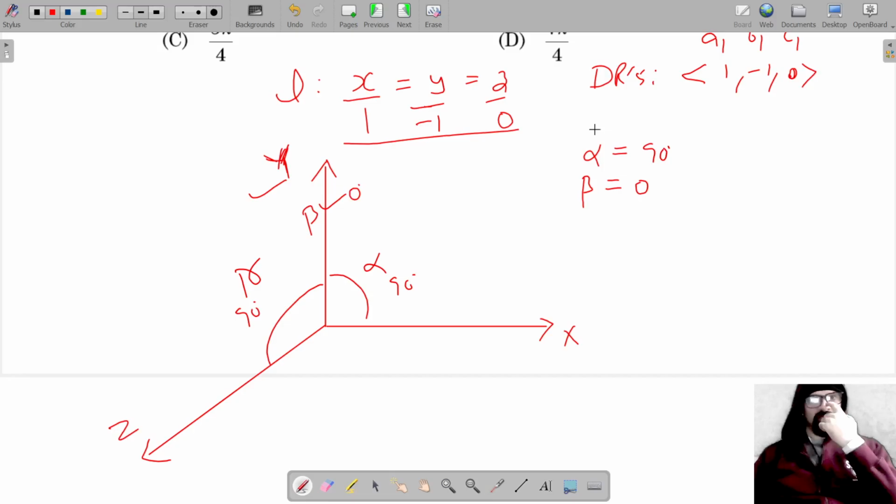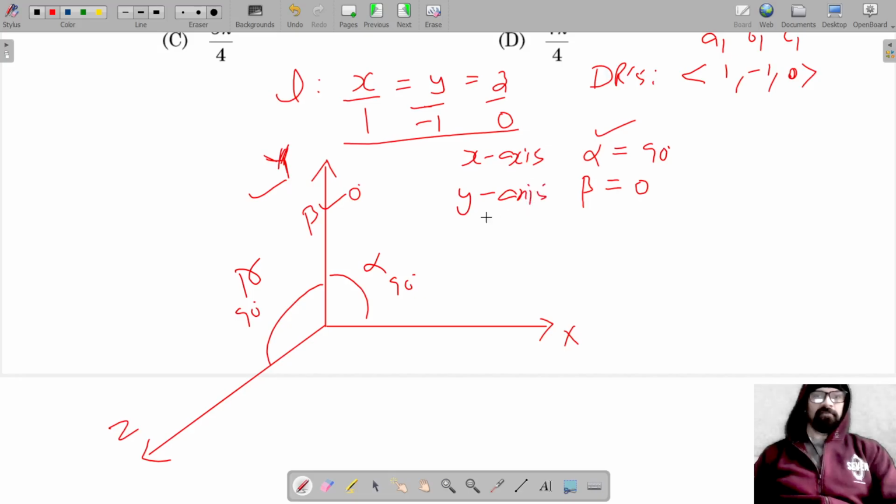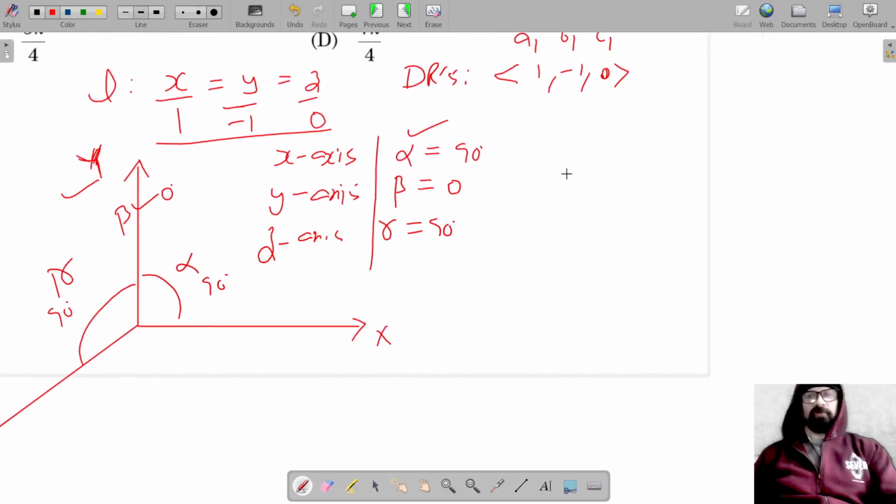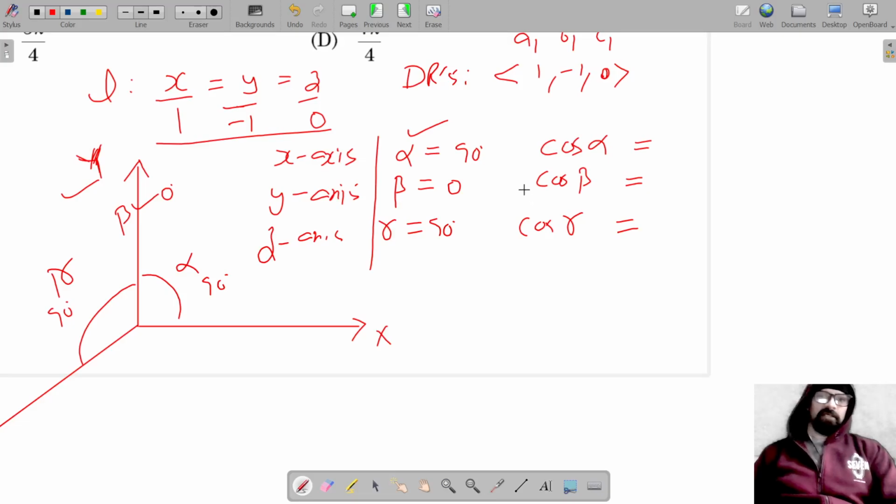With x-axis, it makes angle alpha, which is 90 degrees, because these axes are perpendicular to each other. The y-axis with the y-axis makes angle 0. This is the angle it makes with z-axis, let's say gamma, which is 90 degrees because y-axis is perpendicular to x and z-axis. And let me find out its direction cosines. So cos alpha, cos beta, and cos gamma are the direction cosines of the y-axis.